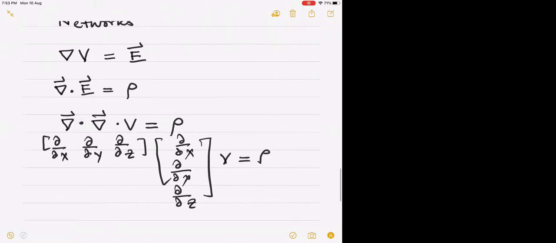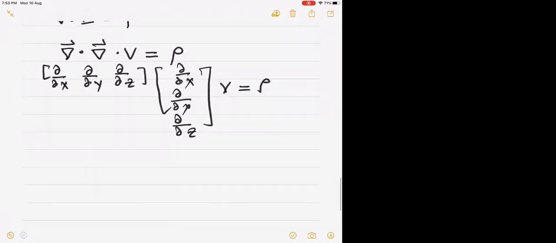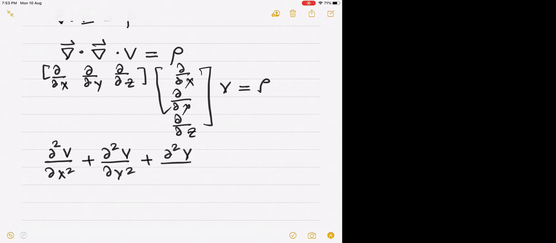If we combine the two together, what we get is the following: d square V dx squared plus d square V dy squared plus d square V dz squared must be equal to rho.